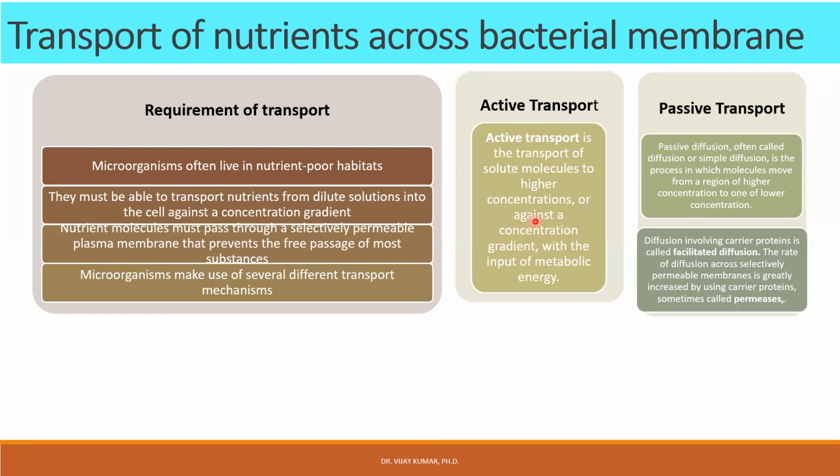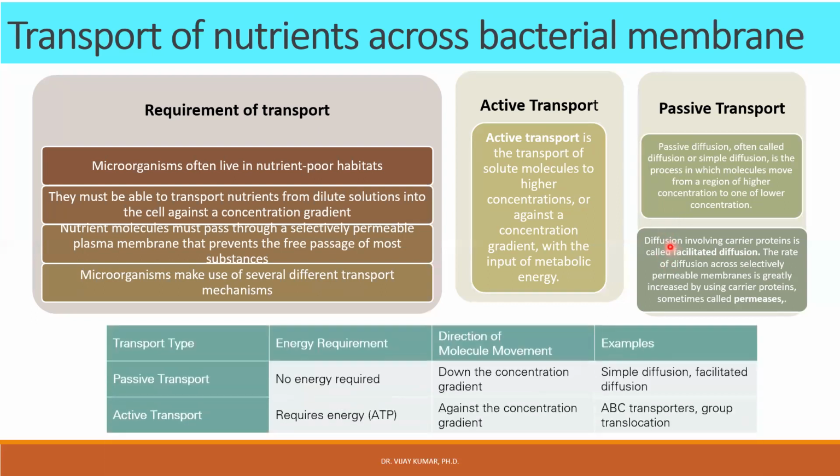Since it is against the concentration gradient, energy is required in the active transport system. While in the passive transport system, since it is down the concentration gradient, no energy is required. It takes place easily. Passive diffusion and facilitated diffusion are the examples.